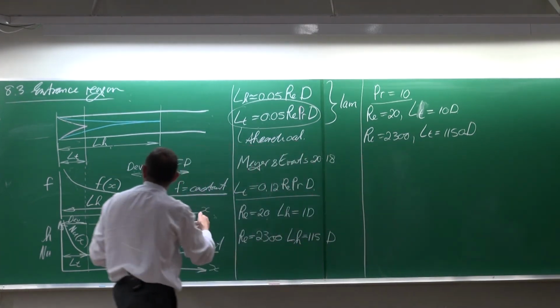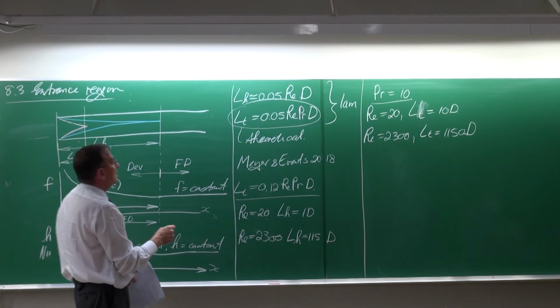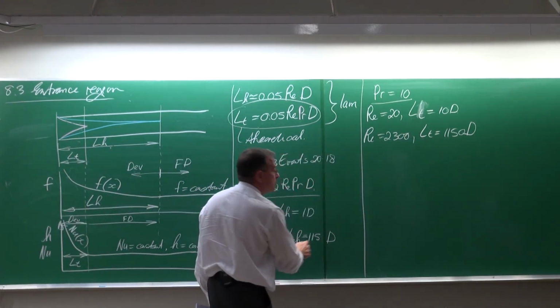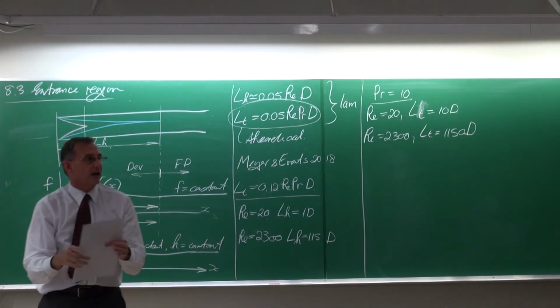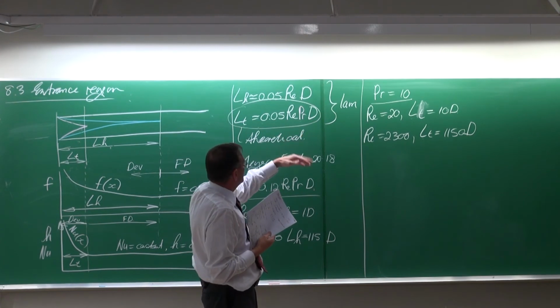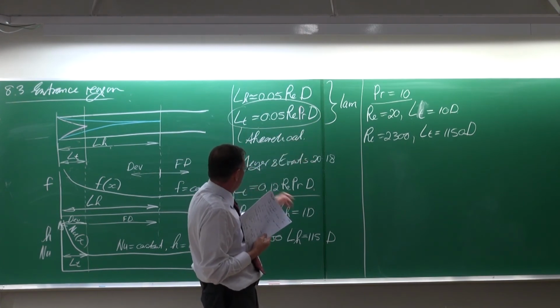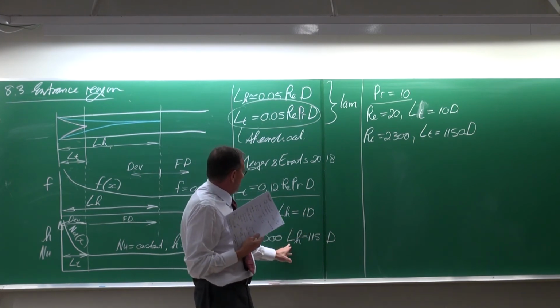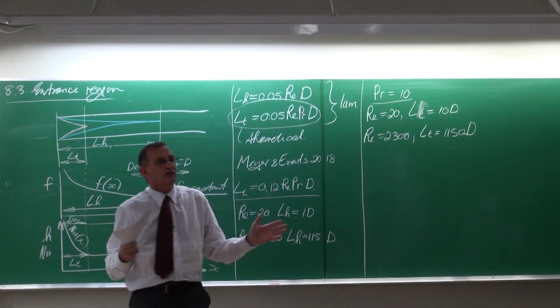So for air, you're going to have the situation where the LT values are going to be smaller than those two values. So if the Reynolds number is approximately 20 and the Prandtl number is approximately 0.1, this LT would be 0.1 diameters, and that LH would be 11.5 diameters.